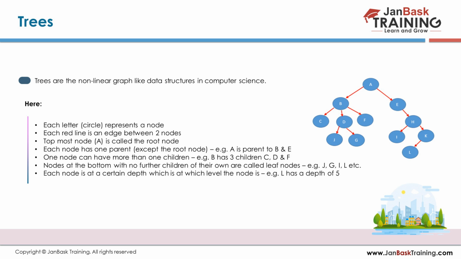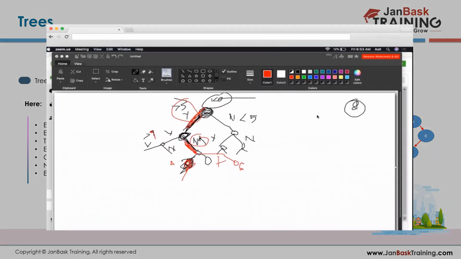Each node has a certain depth, which is the level at which the node sits. For example, L has a depth of 5. If you see here, first, second, third, fourth and L. Depth is the distance of the node, I am talking about this node, from the root node.